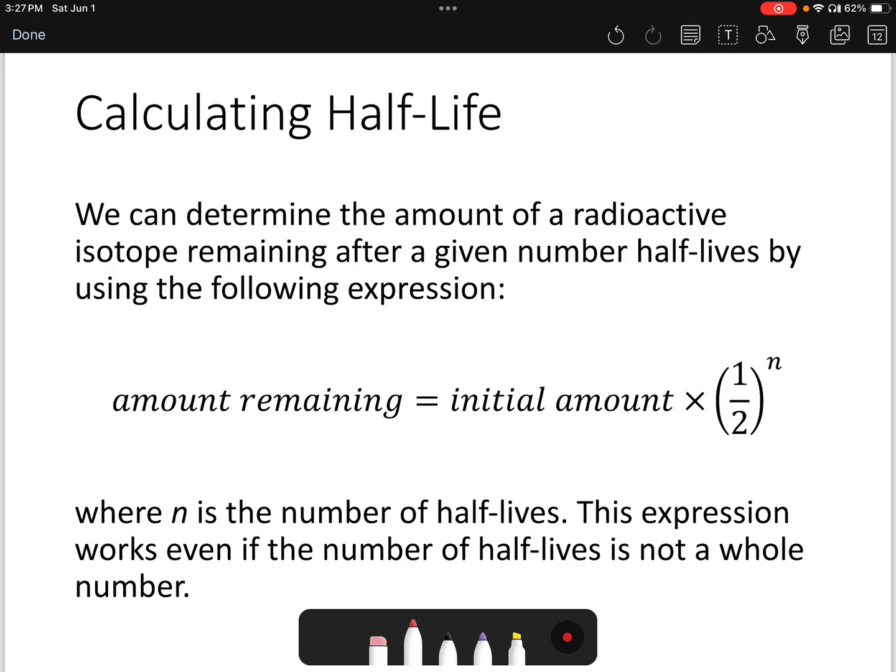The amount remaining of our radioactive sample is equal to the initial amount times 1/2 to the nth power, where n is the number of half-lives that have occurred. So you would already need to know what the half-life is, right? In our last example, it was 12.3 years.